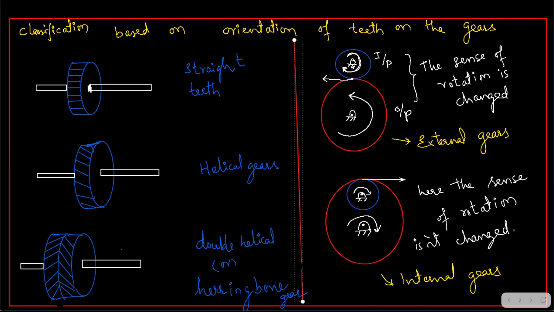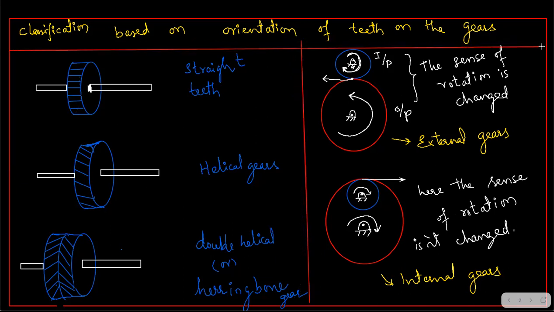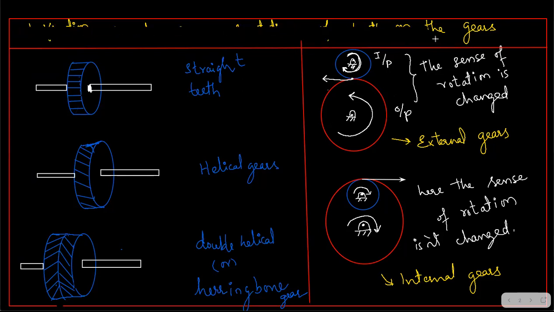Let's separate. These are different, right? So this classification based on teeth is only for this direction. Let's correct it. Classification based on orientation is only for half of it, not complete.